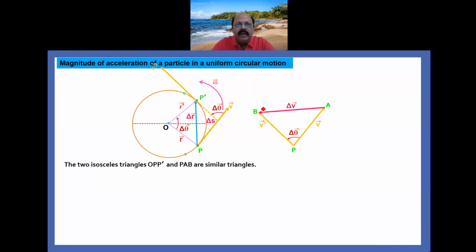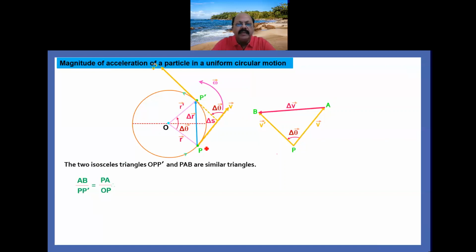So we apply the concept of similar triangles, that is AB upon PP dash equal to PA upon OP.